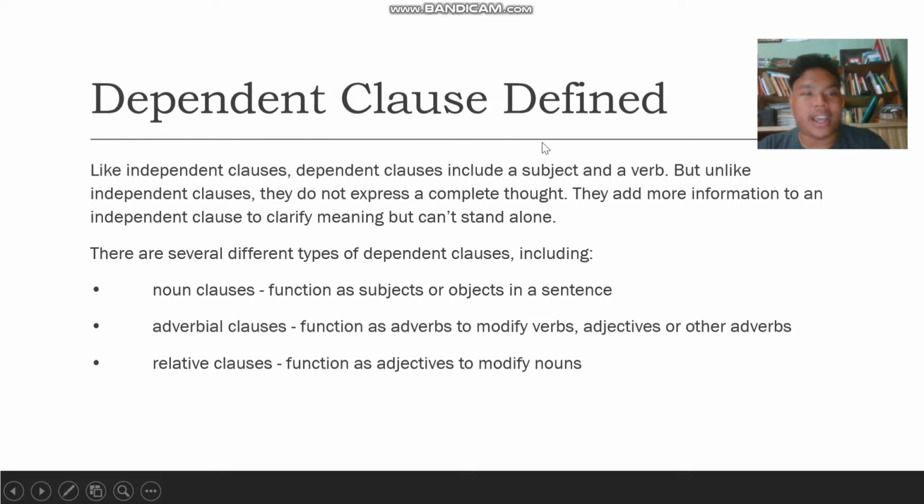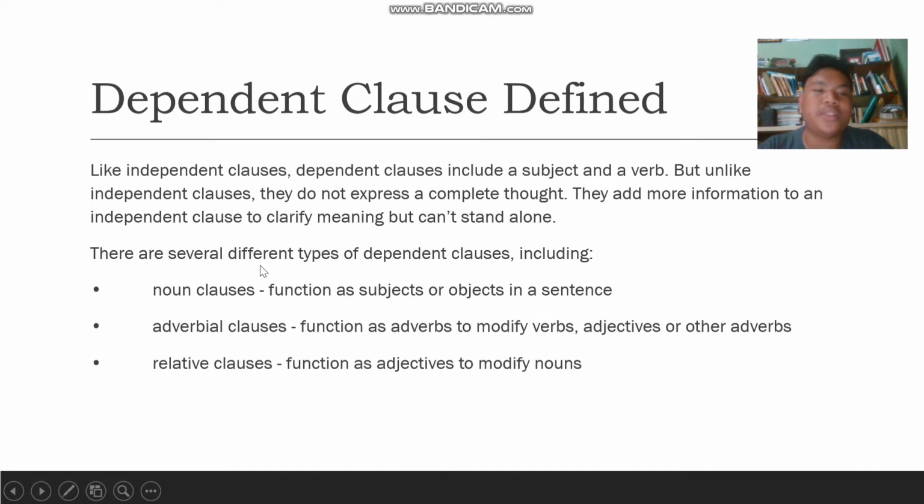Dependent clause defined. Like independent clauses, dependent clauses include a subject and a verb, but unlike independent clauses, they don't express a complete thought. They add more information to an independent clause to clarify meaning but cannot stand alone.